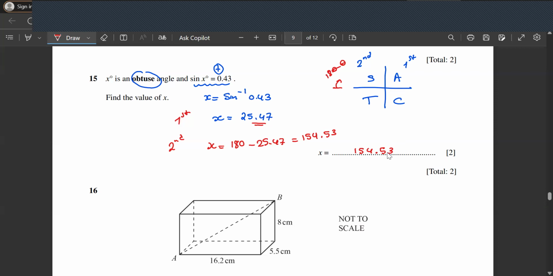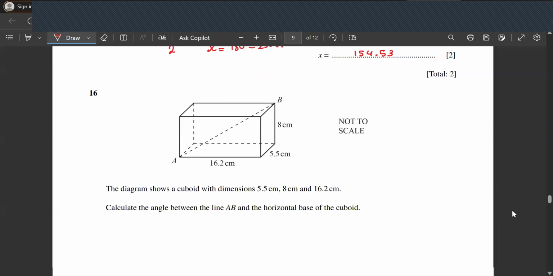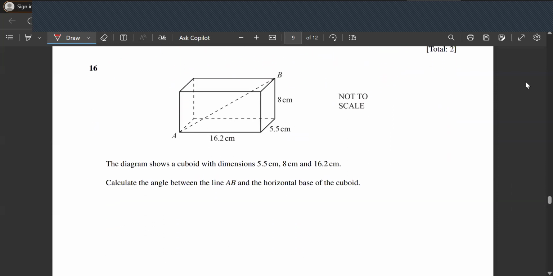Okay, look at question number 16. The diagram shows a cuboid with dimensions 5.5, 8 centimeters, and 16 centimeters.